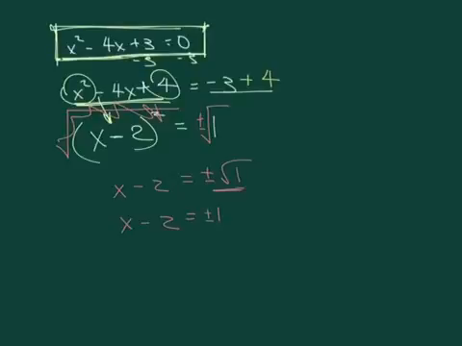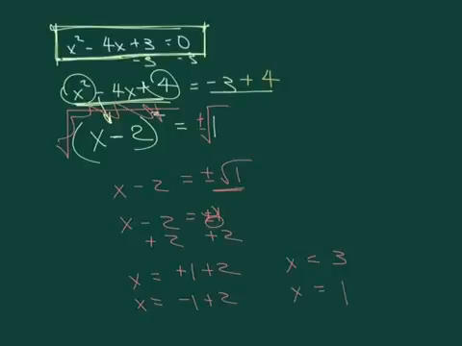Plus or minus 1. So let's add 2 to both sides. So x equals the positive 1 plus 2, and x equals the negative 1, this part here, plus 2. So x equals 3, and x equals 1.